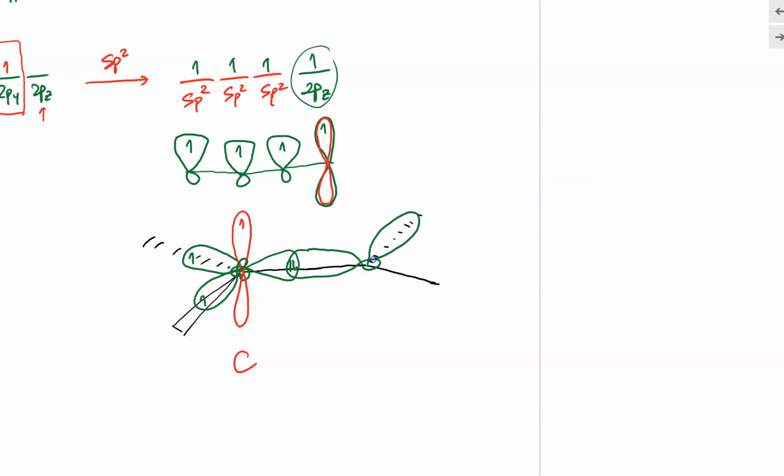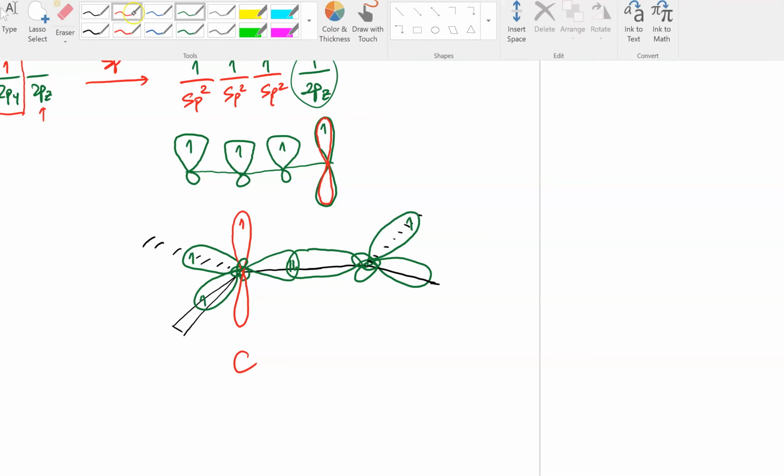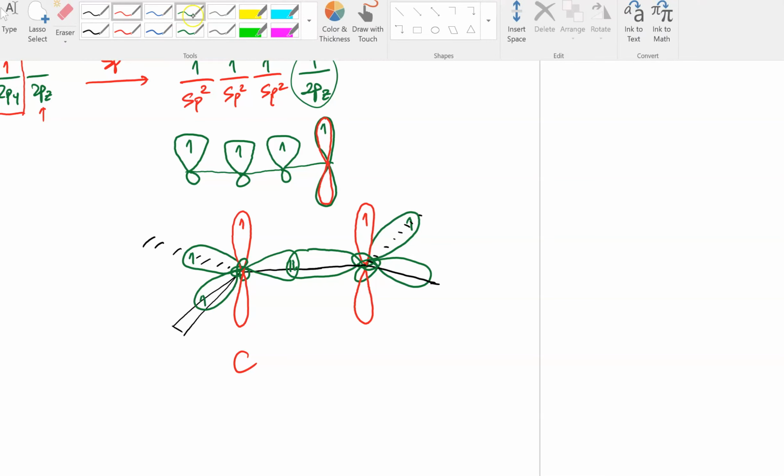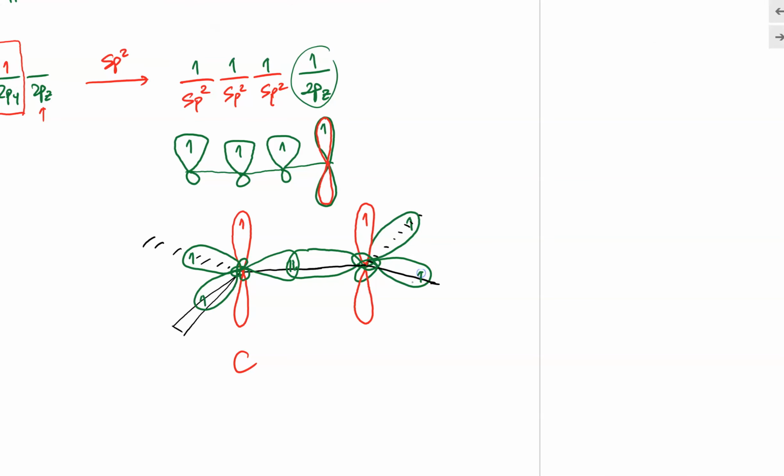And here is the other sp2 orbital, and here will be the other sp2 orbital, and now the p orbital will go in there, and here will be the electron. So that's how the 2 carbons are overlapping together to form a bond between them.